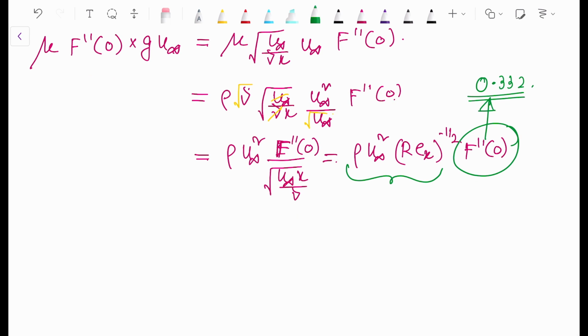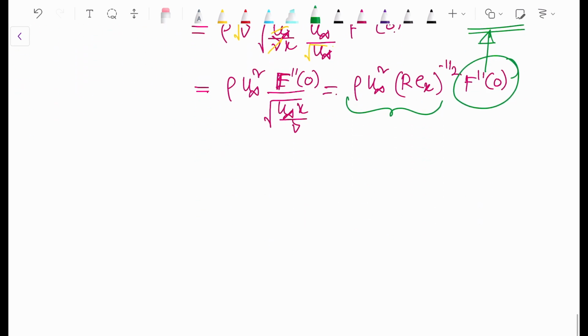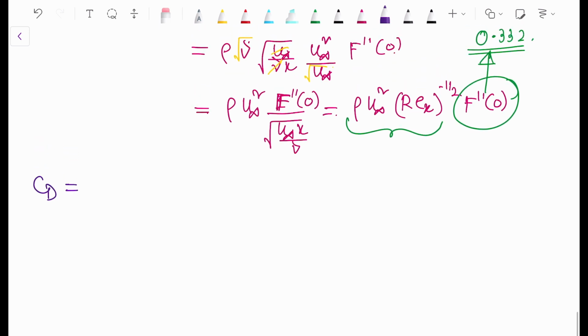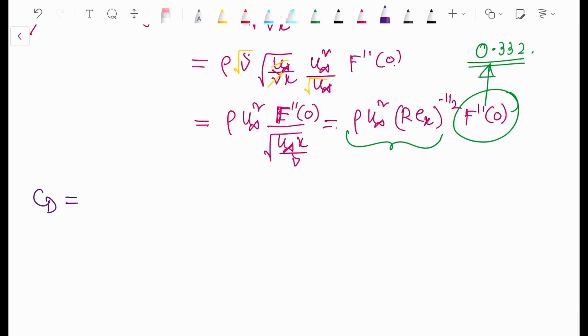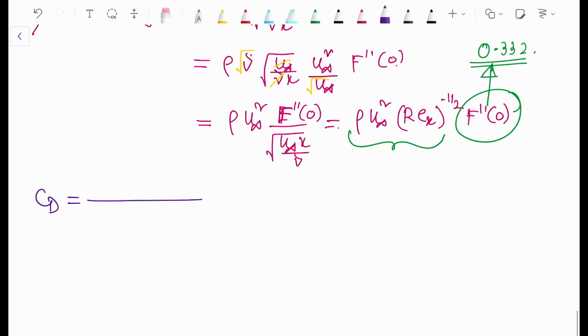Now similarly you can have the drag coefficient CD, or maybe the skin friction coefficient, so let us have the drag coefficient. So this will be the drag force by half rho u infinity square into some area.